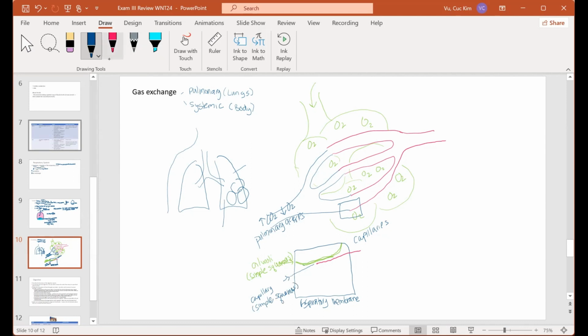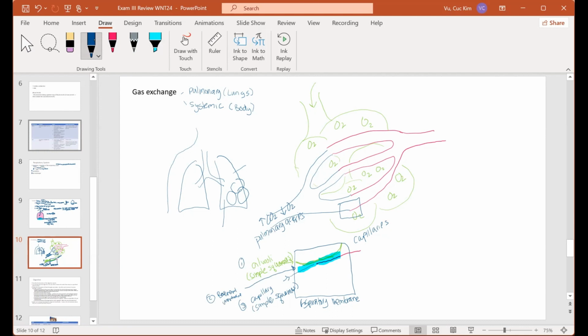And then there's a basement membrane between the two. And that's what makes up the respiratory membrane. So you've got one, the alveoli, followed by two, the basement membrane, followed by three, the simple squamous of the capillary.